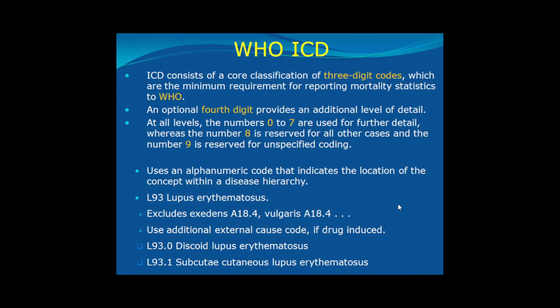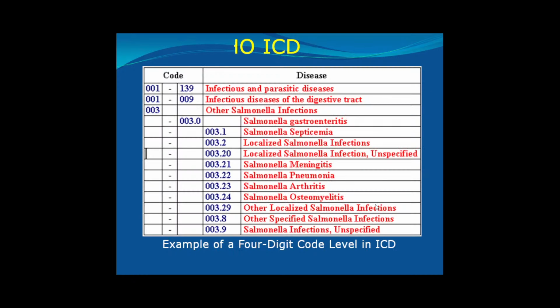L93.0 is discoid lupus erythematosus, and for example L93.1 is subacute cutaneous lupus erythematosus. An example of a 4-digit default level in ICD you see at this slide.